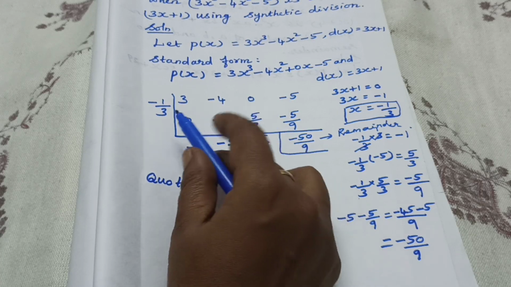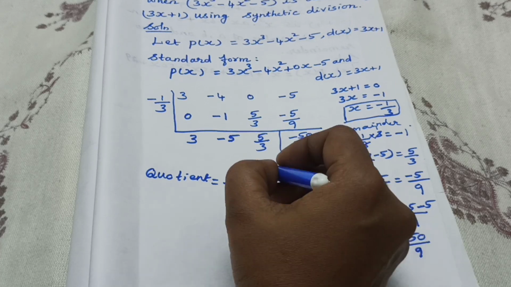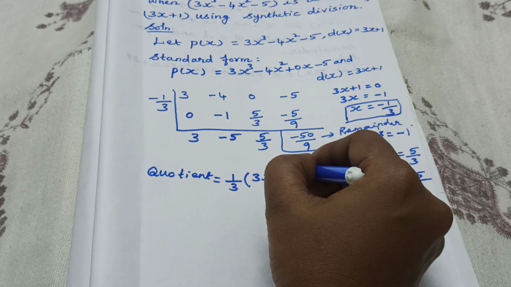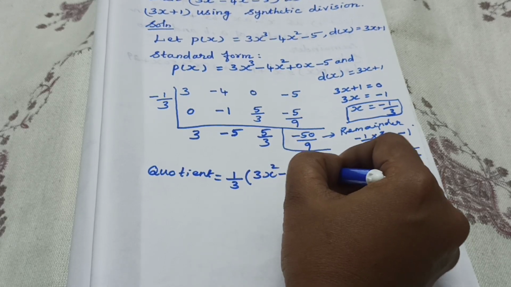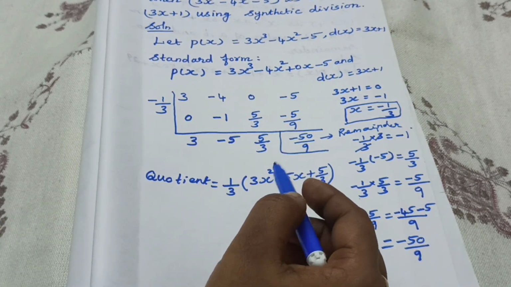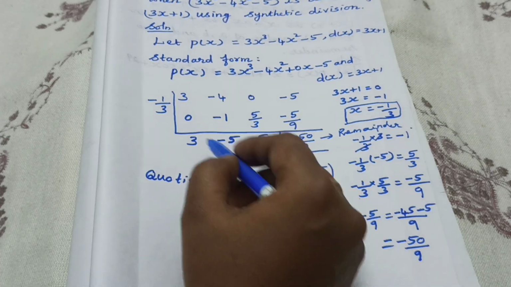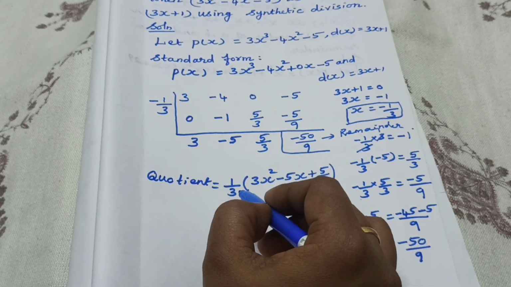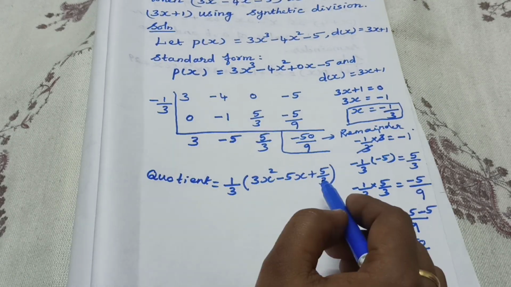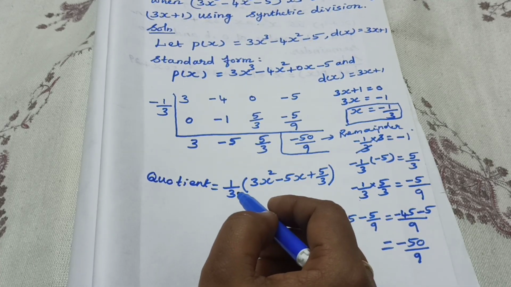In this quotient we have to divide by 1 by 3: 1 by 3 into 3x square minus 5x plus 5 by 3. Suppose a fraction is given, like this only we have to do. In the last answer, we have to multiply that fraction. Suppose here 1 by 2, then that 1 by 2 we should multiply. Suppose here minus 1 by 2, then also here positive only you should take it.